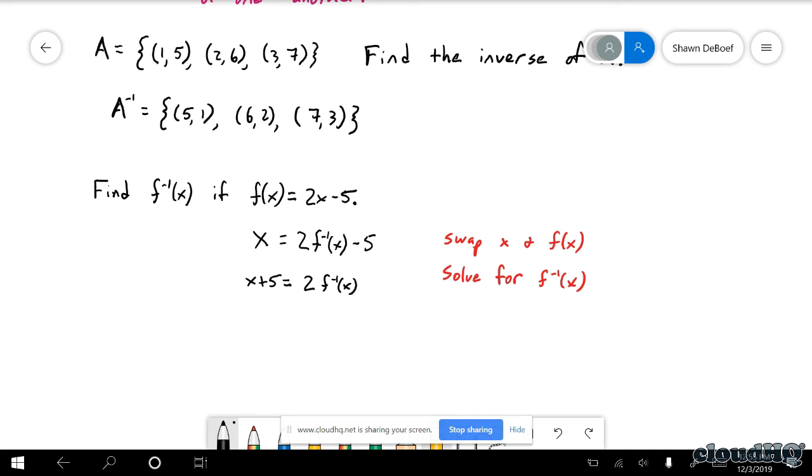And then I have to divide by 2. I'm going to swap my 2 sides of the equation as well, but I'll divide by 2. Write it as one big fraction is fine. So I found the inverse of the function there.